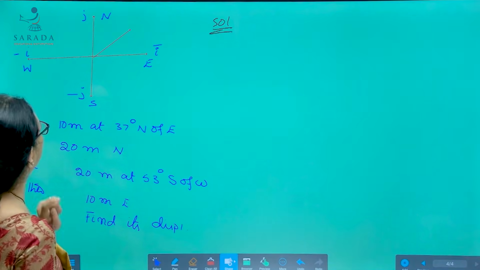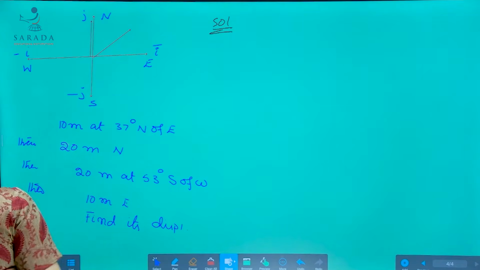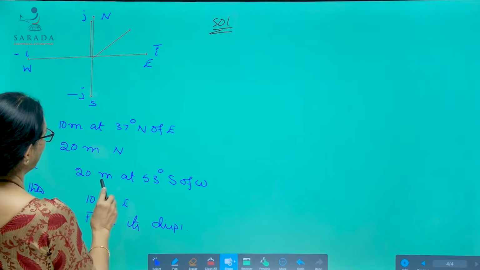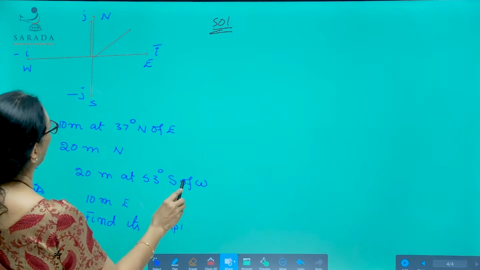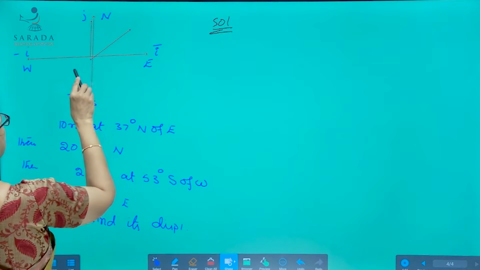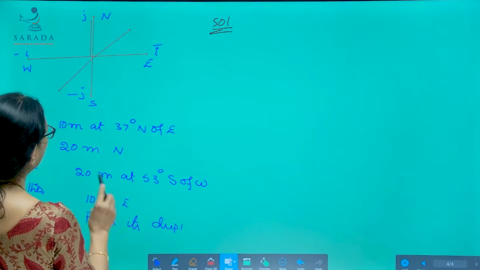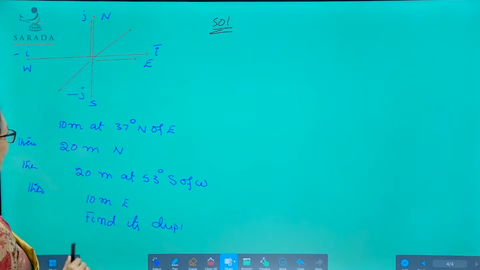Next, 20 meters north. Another displacement is 20 meters north. And another displacement is 20 meters at 53 degrees south of west. So south of west, this one. And another displacement is 10 meters east.